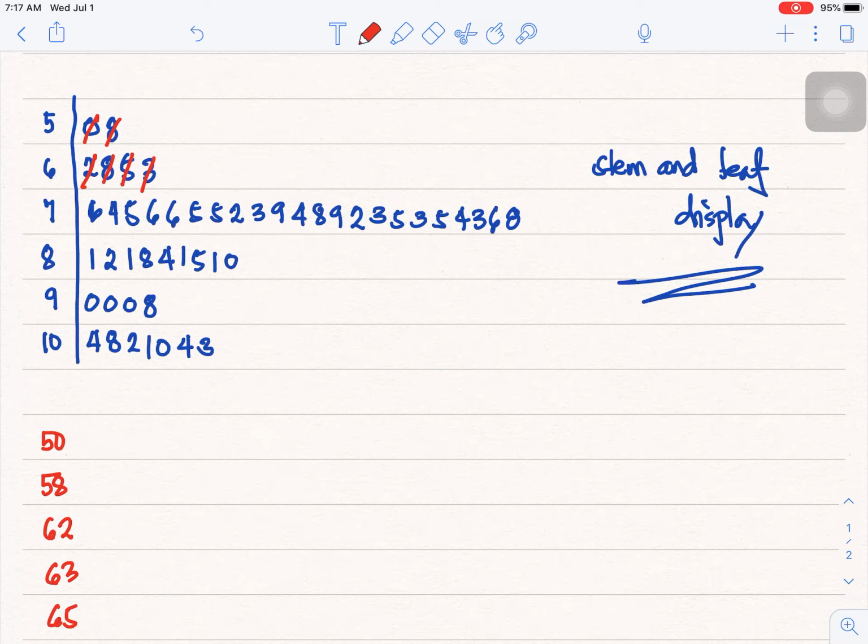Then we have 71, and 72, 1, 2, so two 72s. Then we have 73, 1, 2, 3, 4. We have four 73s. And then we have 74.